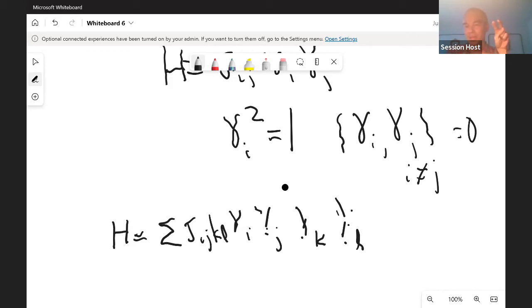And then the operator gamma_1 gamma_2 commutes with the operator gamma_3 gamma_4, which commutes with the operator gamma_5 gamma_6. So you've got a set of commuting variables. You can think of them as classical variables. So you can encode any classical optimization problem of degree q into some Majorana problem of degree 2q. So the Majorana problem with degree 4 has to be at least as hard as the classical problem of degree 2. So the Majorana problem of degree 6, which is at least as hard as the classical degree 3, is completely intractable. So let's focus on the Majorana problem of degree 4.